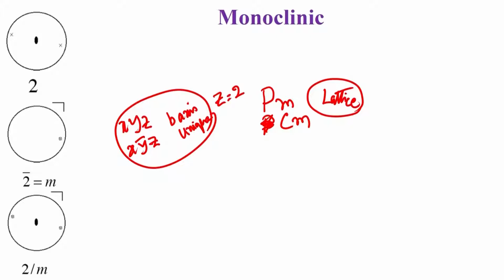As I mentioned, once the C centering comes up, you will have an addition of a half place along x and a half place along y for these 2 equivalent points, thereby generating 4 equivalent points, in which case Z is equal to 4.